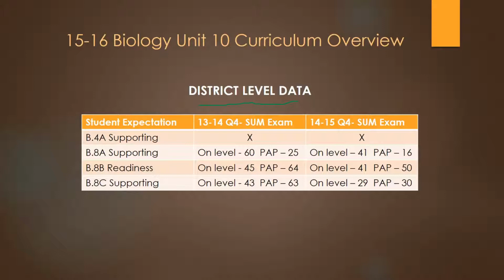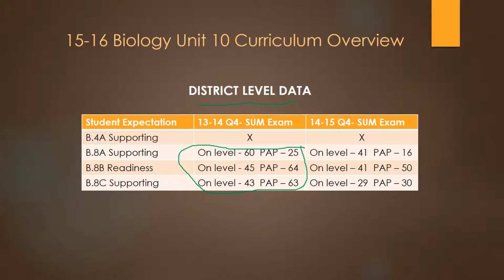For 8A supporting, 8B readiness, and 8C supporting, we can see that in 13-14, looking at our data, the students pretty much struggled a little bit with the concept, although it's easy to some extent. They still have to make connections of what taxonomy has to do with evolution and the diversity of species in order for them to understand that classification and taxonomy. And so we can see that there's been some struggles with that area, as well as looking at 14-15.